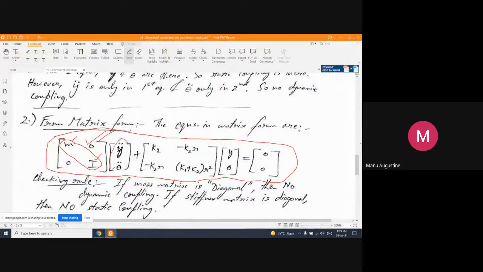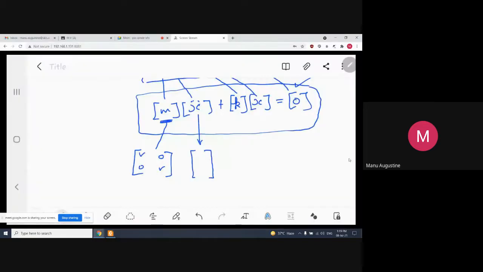So that's exactly what we do. We place y double dot and theta double dot in the same order in which you treated the mass elements. Since you took m as the first mass element, the acceleration of m, that is y double dot, will be the first element of your acceleration vector. Similarly for I. So we constructed the acceleration vector, that is y double dot and theta double dot.